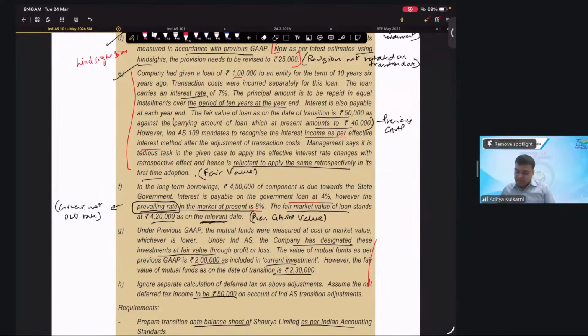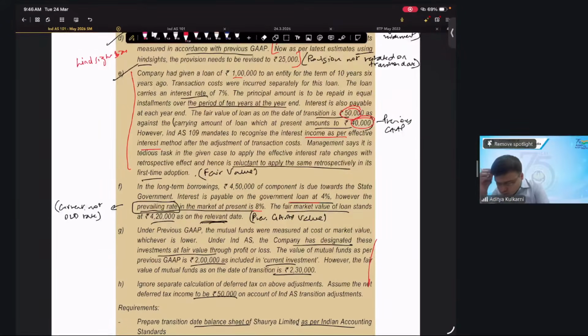Management says it is a tedious task to apply effective interest rate with a retrospective effect, and hence is reluctant to apply the same in the first time adoption. So in this case, fair value of the loan is 50, carrying amount is 40. So you will have to enhance that. So the entry will be retained earnings 10,000 to loan.